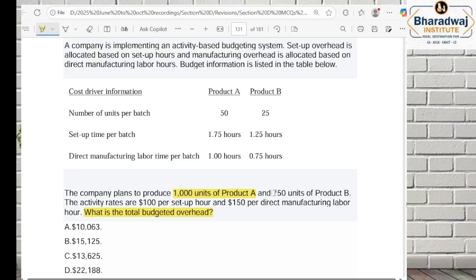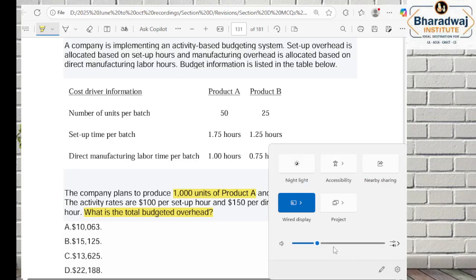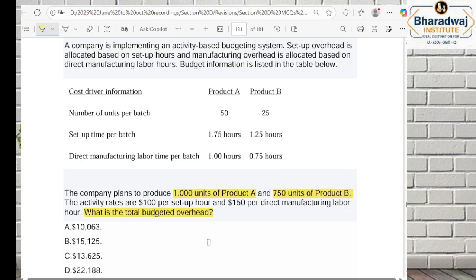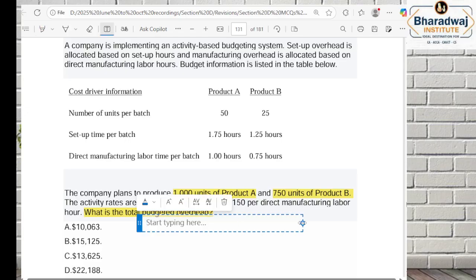Hundred units of product A and 750 units of product B we are planning. 13,000. 625. 12,000 is coming, sir, I have put something wrong. Tell me the workings. 50 into 1.75 into 100. How much do you get?